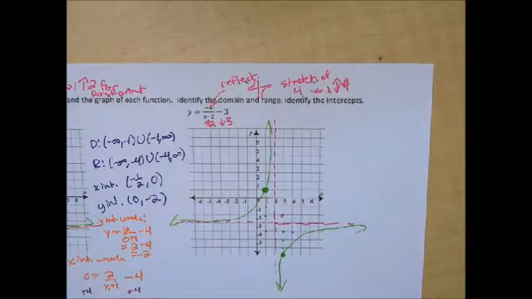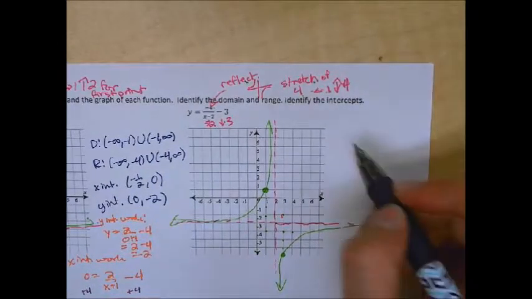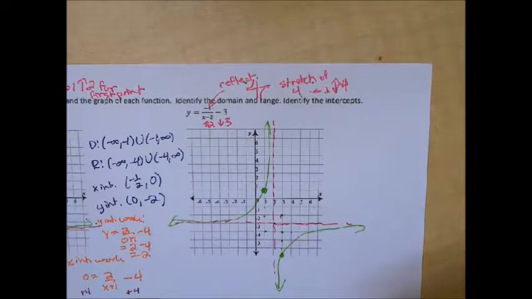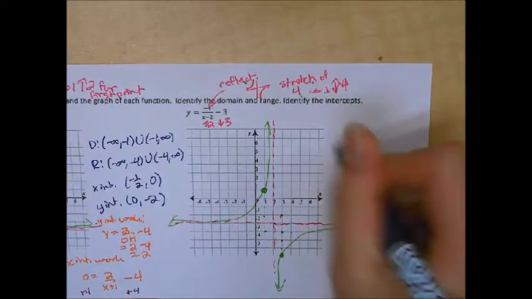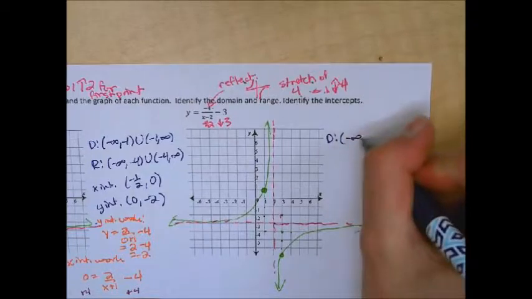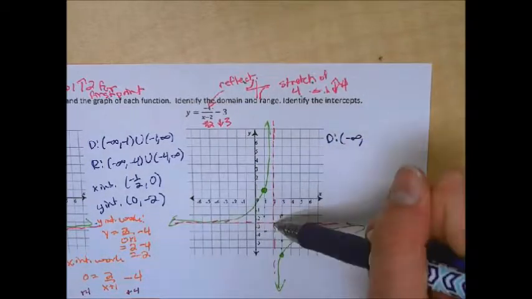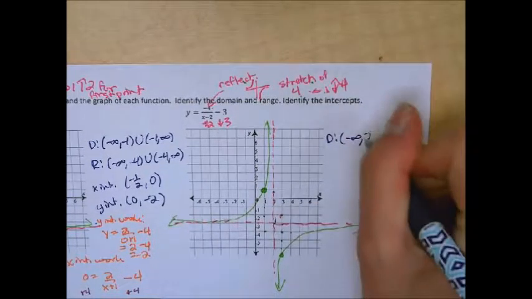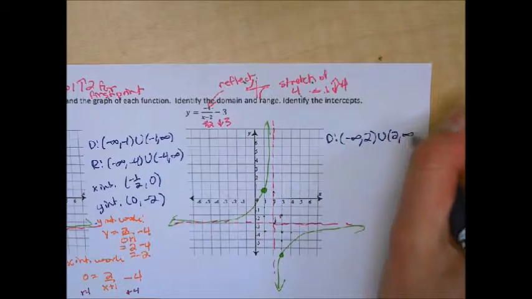I want you to go ahead and try and find your domain, range, x-intercept, and y-intercept. Go ahead and pause the video so that you can try and find those. Now that you've had time, the domain, we're at 2, pause at 2, pick up at 2, go to positive infinity.